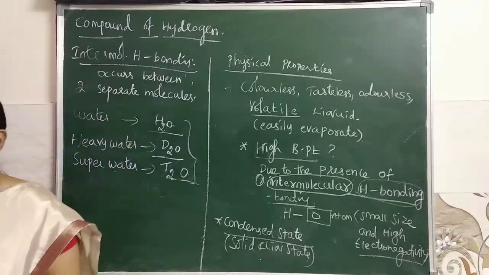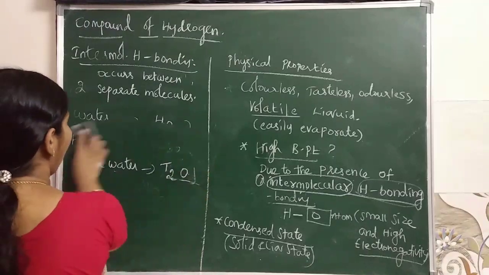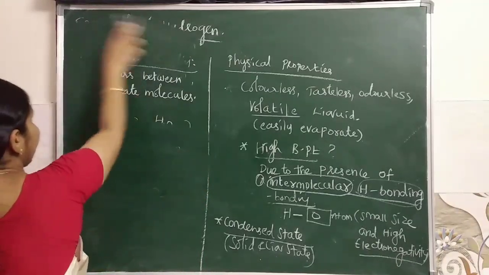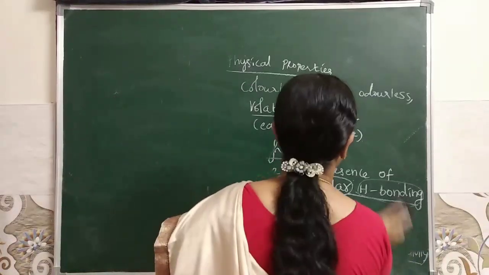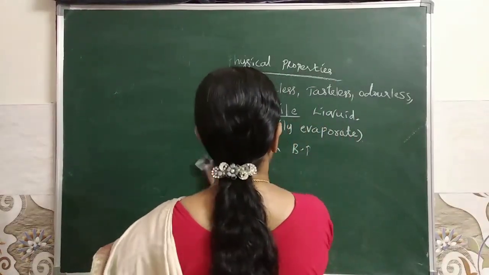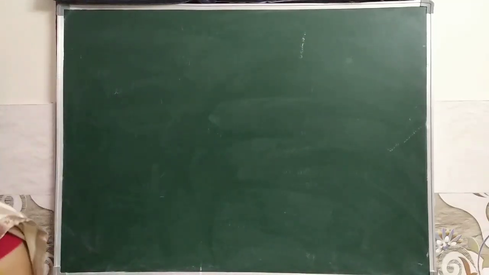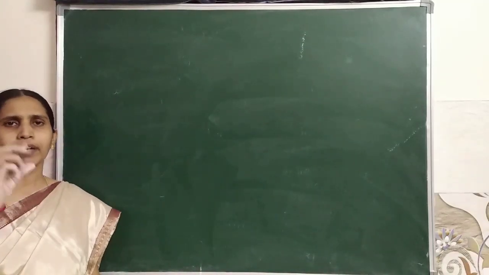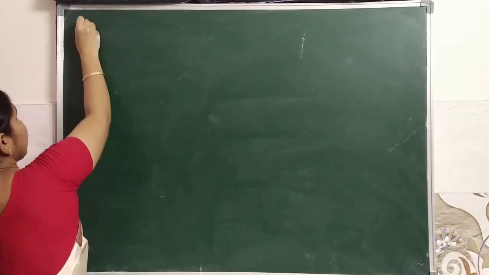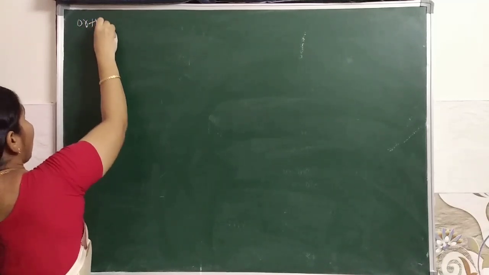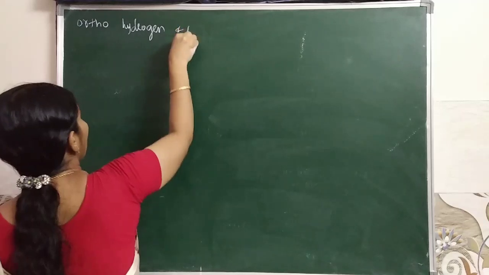So next we can see the chemical properties of water. Before going to chemical properties of water, one concept: we can see already orthohydrogen and parahydrogen, isn't it?